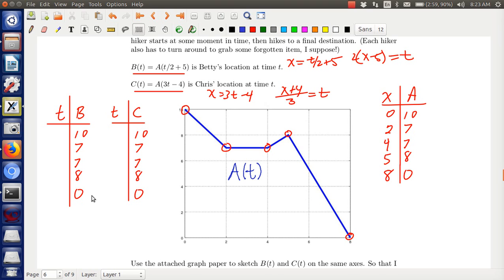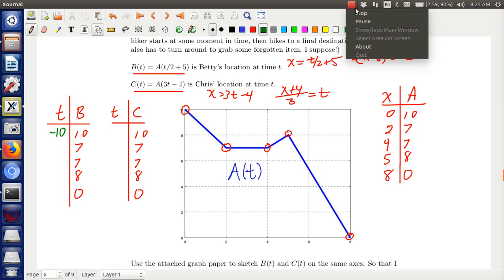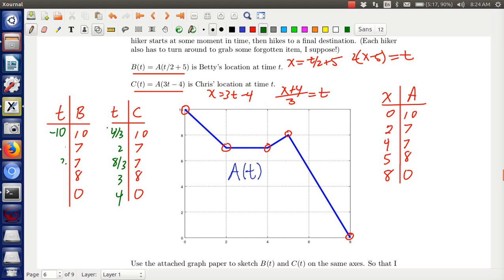So the locations are all going to be the same. Then we take this formula and put the x's into these t's. So x minus 5 is negative 5, times 2 is negative 10, and I'm just going to do the rest of these. Each of these x's was plugged in to get those t's. Then we do the same thing for the other equation. There we go. So we have used this formula to get these t values off of these x values.